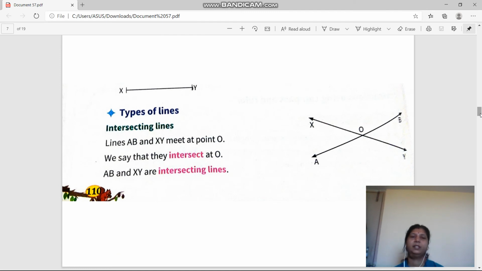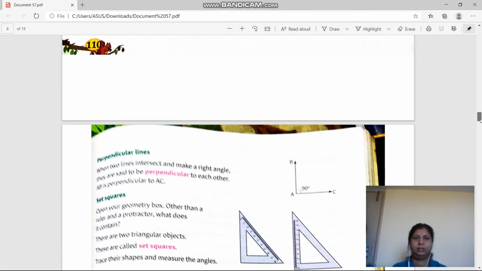First type is intersecting lines. When two or more lines intersect each other at one point, these lines are called intersecting lines. Next, perpendicular lines. It is not a second type, it is a part of intersecting lines.